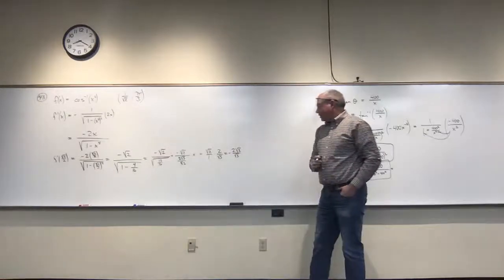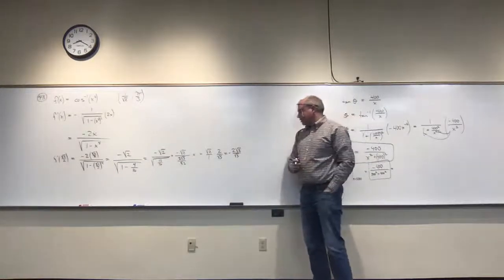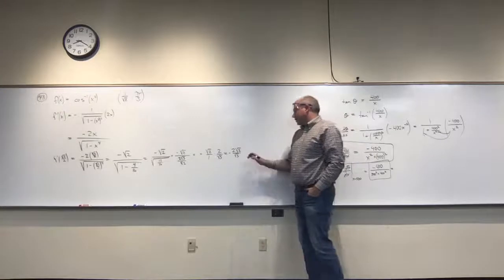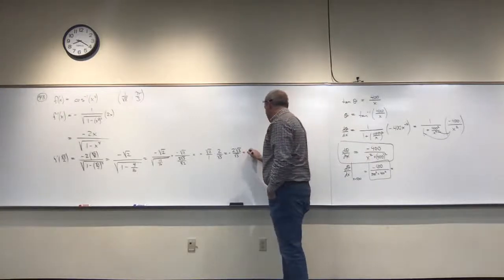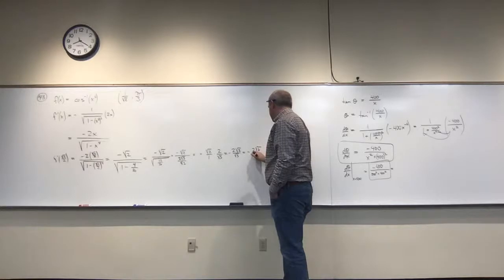If you wanted to rationalize the denominator, I suppose that you could, and you get negative 2 times the square root of 6 over 3.